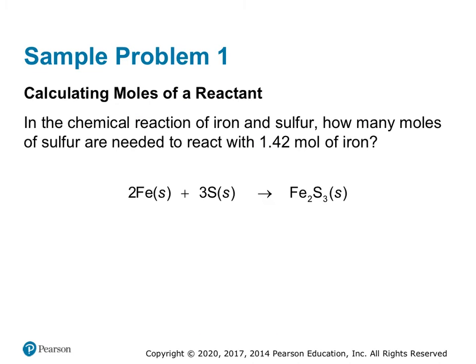So here's our first sample problem. The question is, if I have 1.42 moles of iron, how many moles of sulfur are needed? So here's my balanced equation. Here, 2 moles of iron react with 3 moles of sulfur to produce 1 mole of iron(III) sulfide.